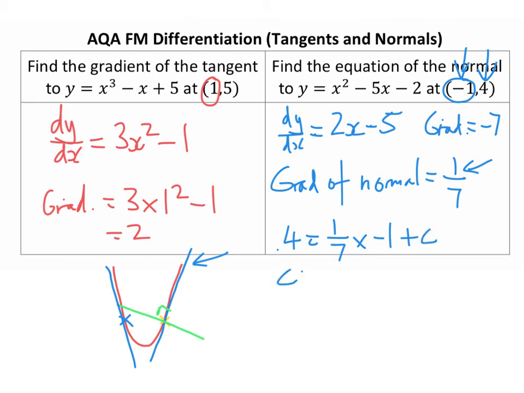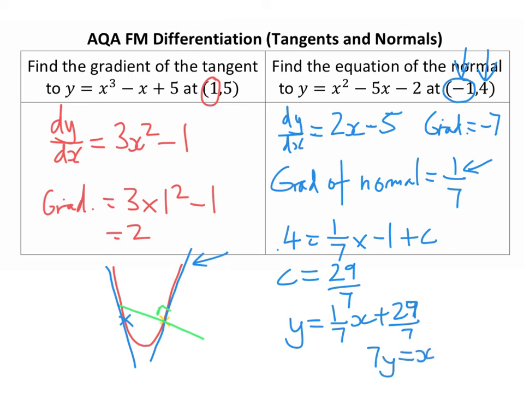Work all that out, you end up with c is, I think it's 29 over 7. Let's have a look. Yes, it is 29 over 7. Okay, and then my equation is going to be y equals a seventh x plus 29 over 7, which might be written actually as 7y equals x plus 29, multiplying through by 7.